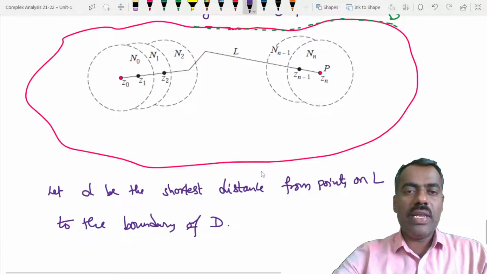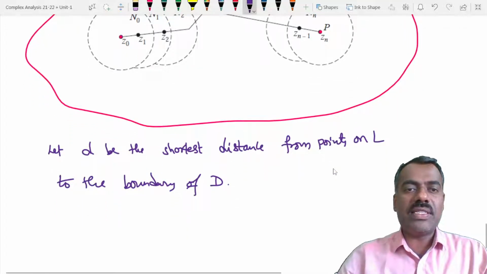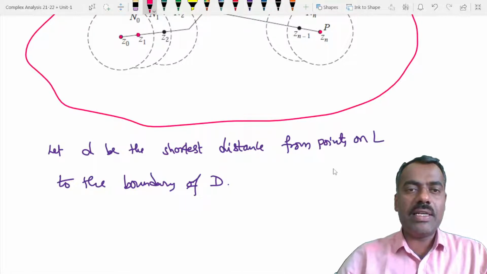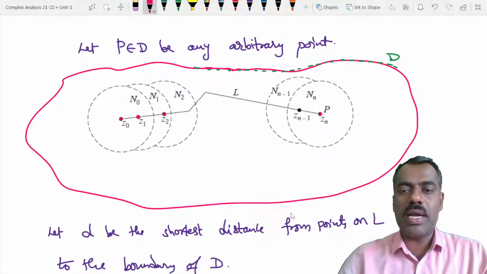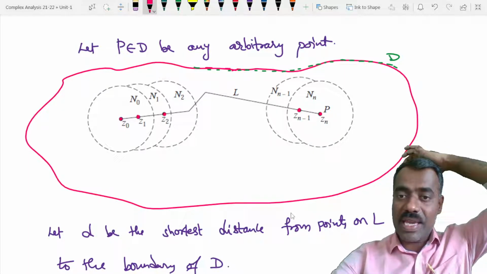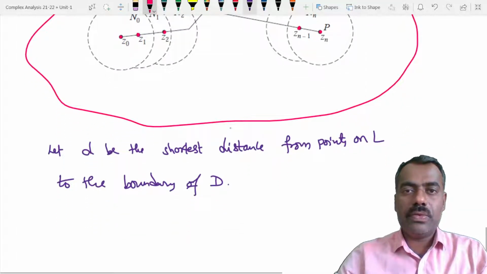Then, with that, we can have a sequence of points; z naught is already there, so we can select z1, z2 and so on, zn minus 1 and zn, where zn is equal to p.